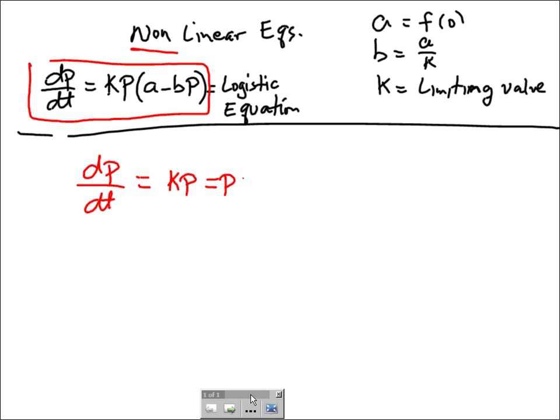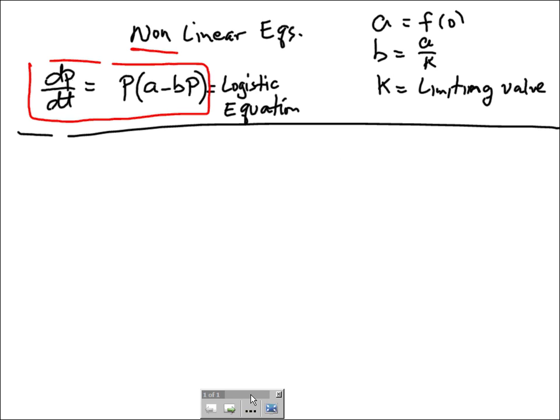I'm just going to write it as p times k. And then I said p is p, but k changed to a function of p. That is, this k should no longer be there. Sorry about that. So I want to solve this differential equation.